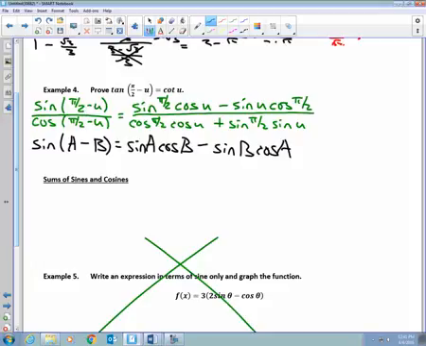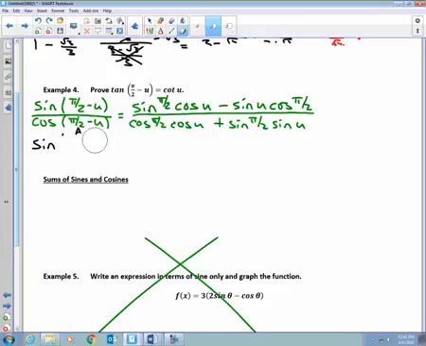So I just chose A to be pi over 2. So I plugged in pi over 2 for A, and then for cosine of A, I have a pi over 2 there. And I chose B to be u. So I put the u there, and I put the u there. Same thing with the cosine. Then I would write out the cosine formula where pi over 2 is A, and u is B. So I had to take our lesson from last week, Tuesday, and throw that stuff together.